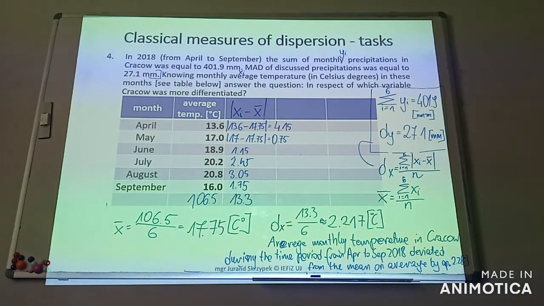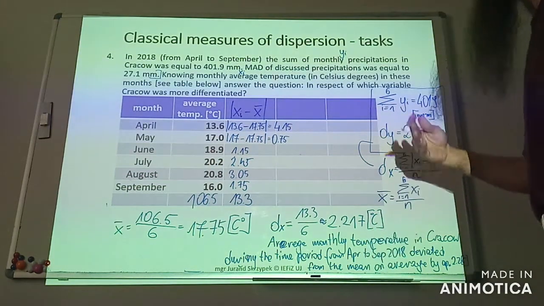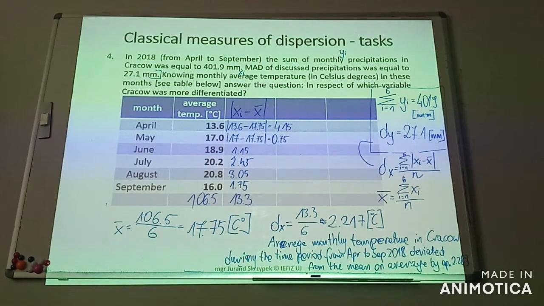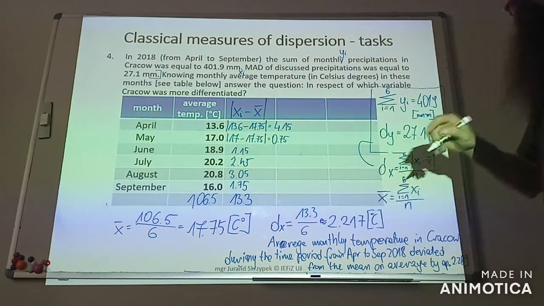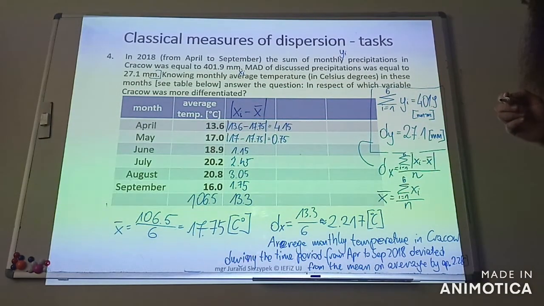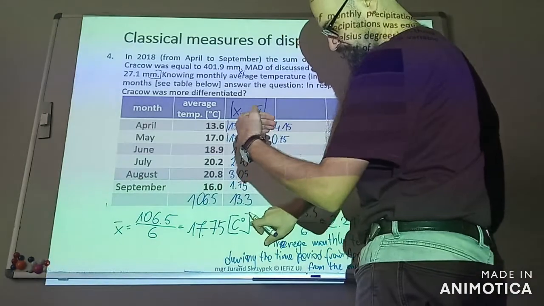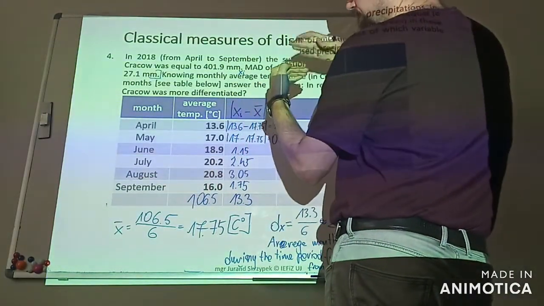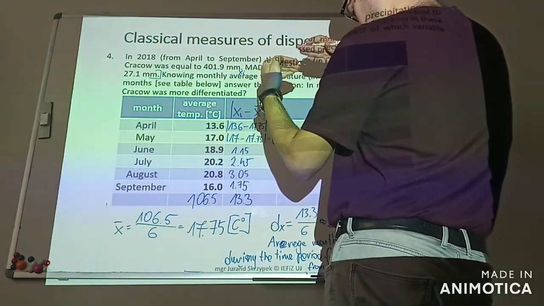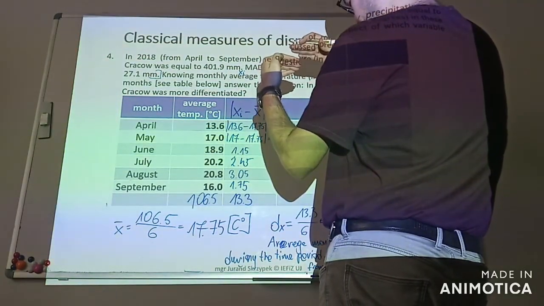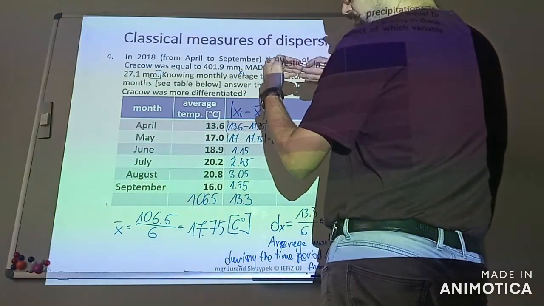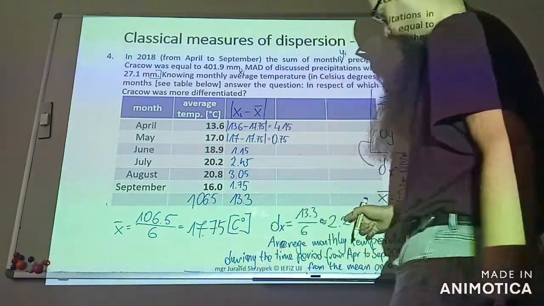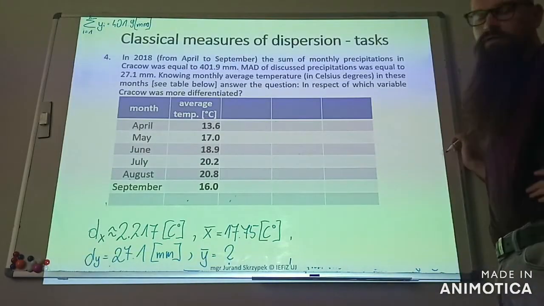Here we have the mean temperature during this period, and we know that the average deviation of monthly average temperature is plus minus 2.2 Celsius degrees.